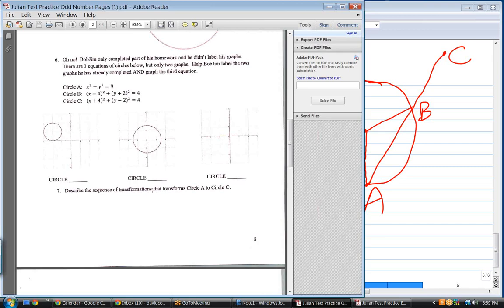At +4. And what y coordinate? -2. I looked at the wrong one. Right, it's always the opposite. So it would be this circle, because they both have the same radius, only it would be drawn over here.